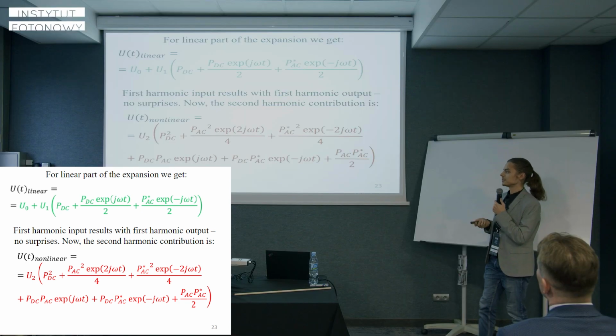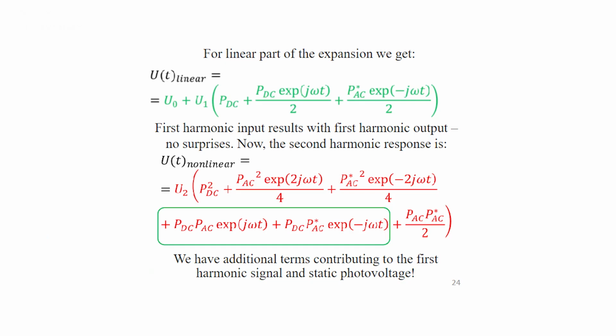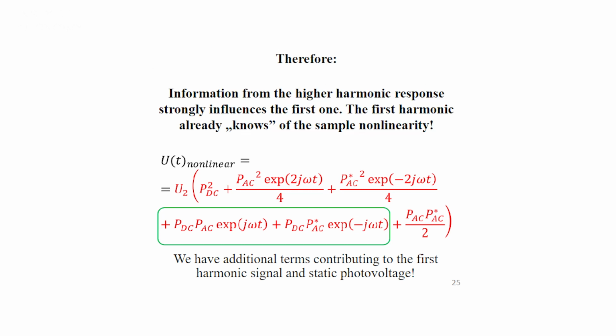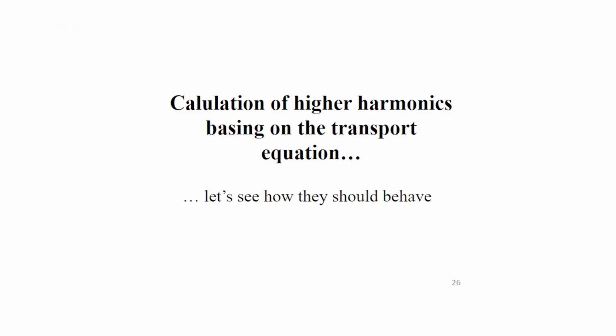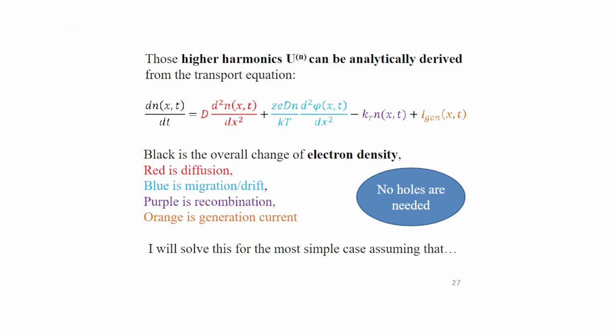This is a curious piece of information. And this is precisely what I have told so far. Now let's see how those higher harmonics can be analytically derived for a very simple case, and what we should expect from them. How should they look?